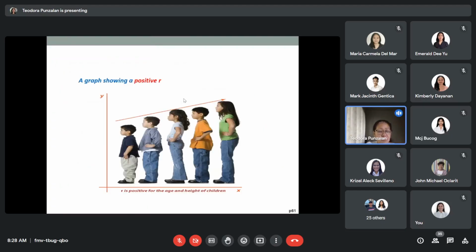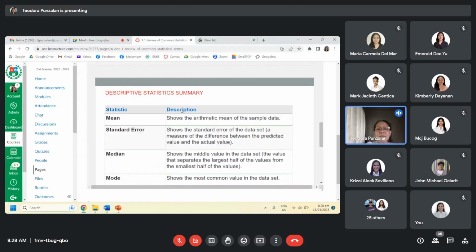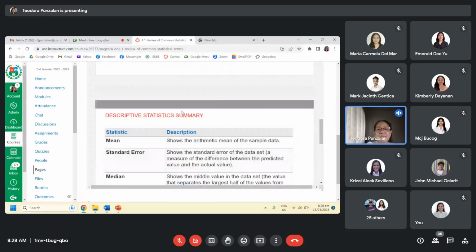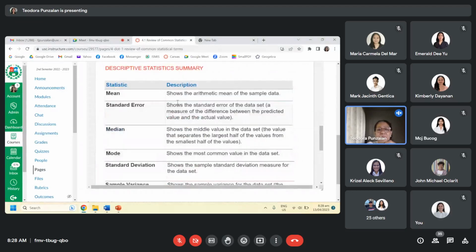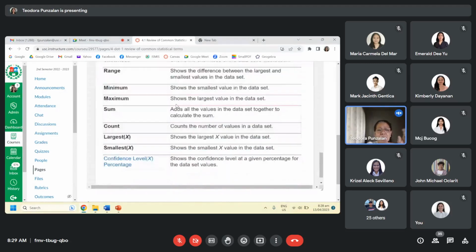But before we go, please try to see this one. This is what I mean by the descriptive statistics summary. What you'll see from clicking descriptive stats in Excel Data Analysis is a table that shows the following.